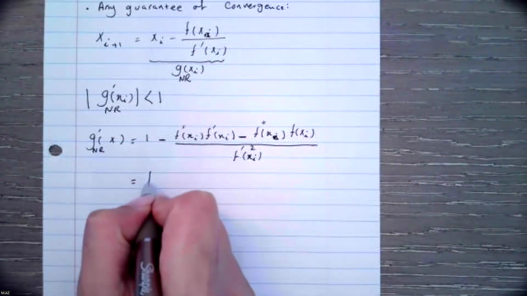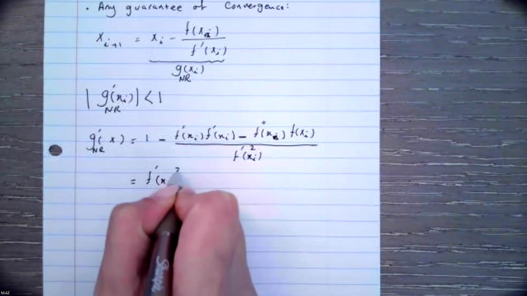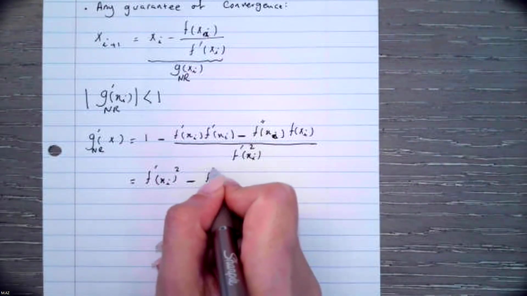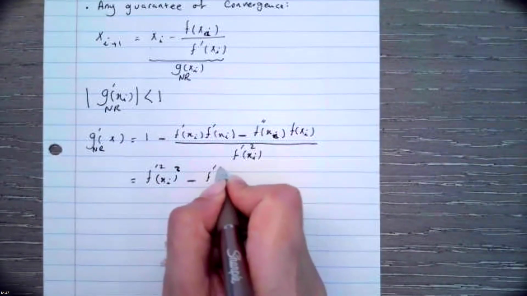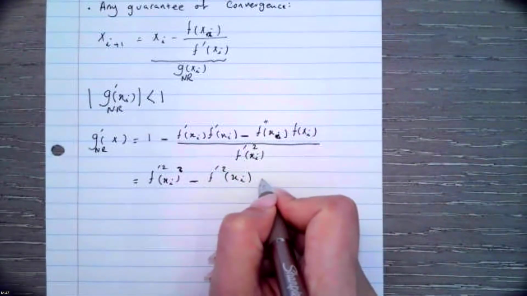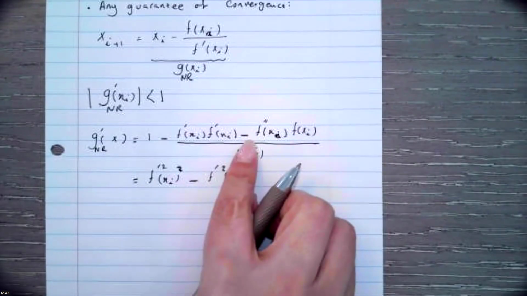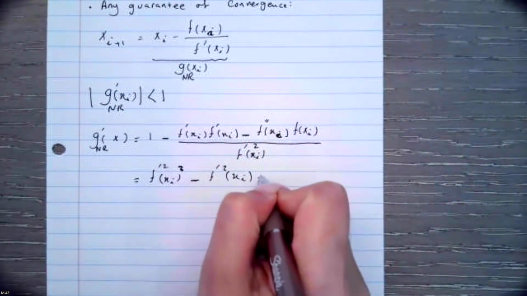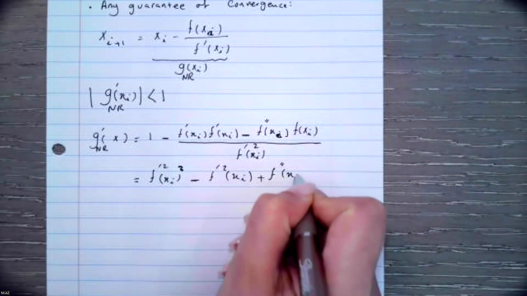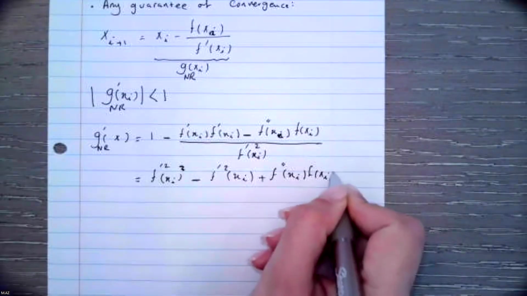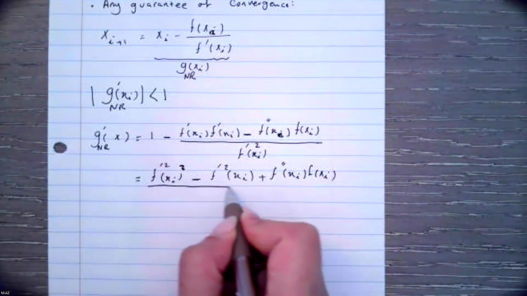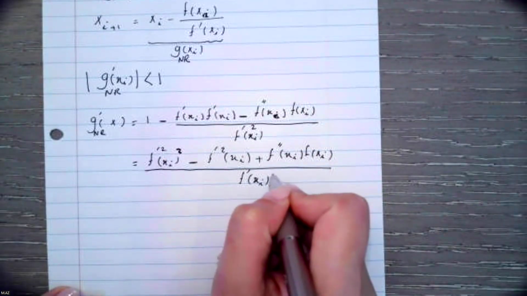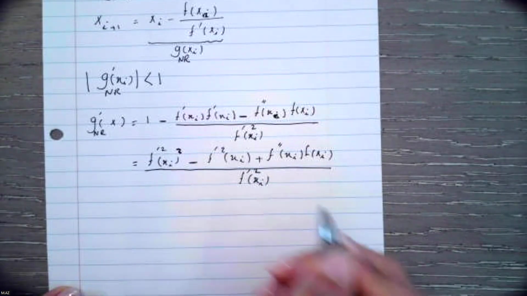We will have f prime squared minus this one, f prime squared, minus, negative times negative becomes positive, over f prime of xi squared.